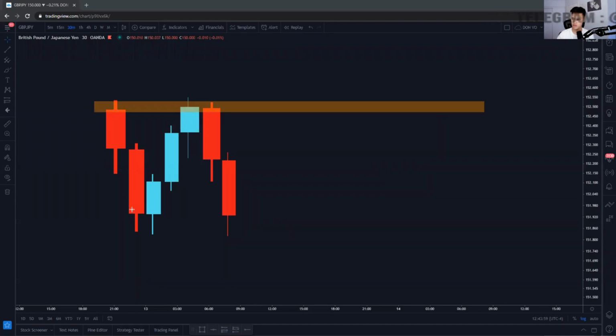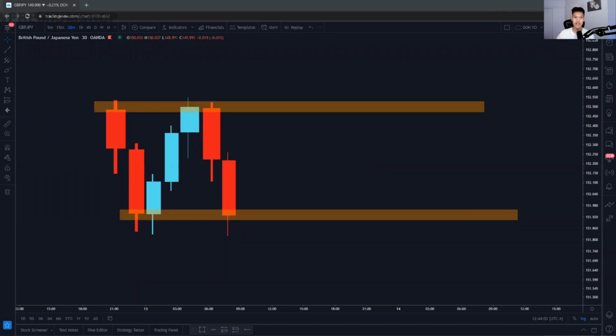Resistance formed, support formed. Now price were to pop up. We're still in the range here. No breakouts yet. Let me go adjust the candle. Still moving here. And now we have this. Boom. That breaks out and now it falls back into the range though.